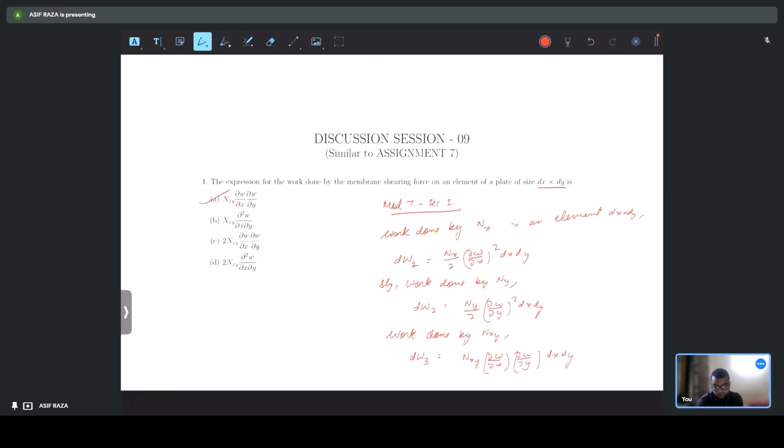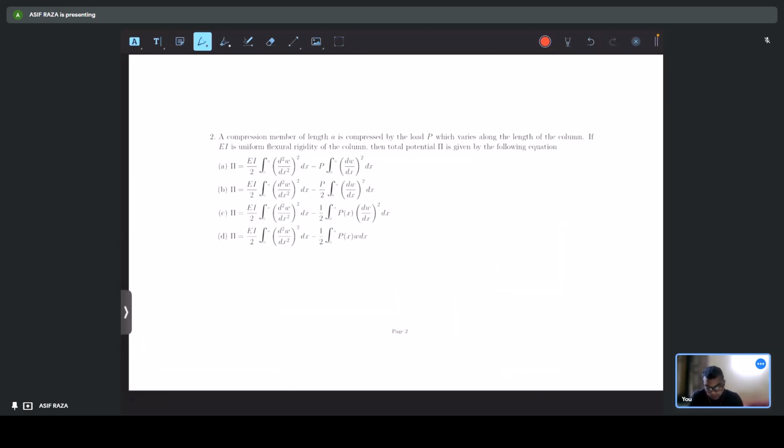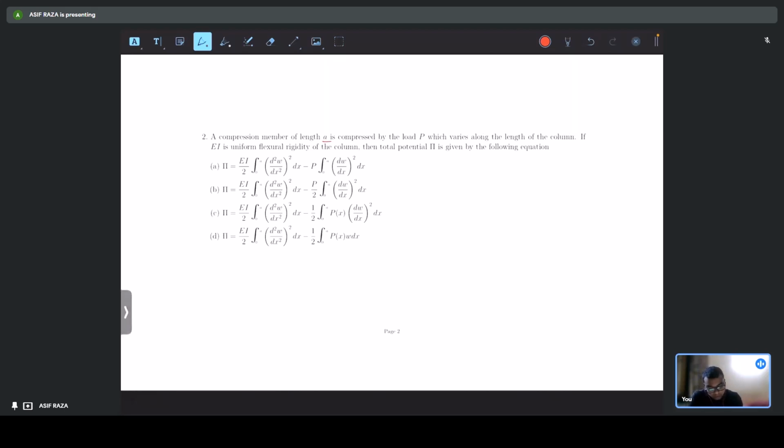Okay, so let's move on to the next question. A compression member of length A is compressed by the load P, which varies along the length of the column. If EI is uniform flexural rigidity of the column, then total load potential pi is given by the following equation.